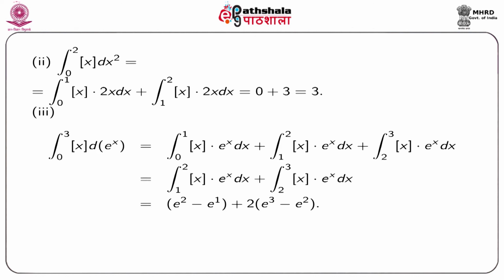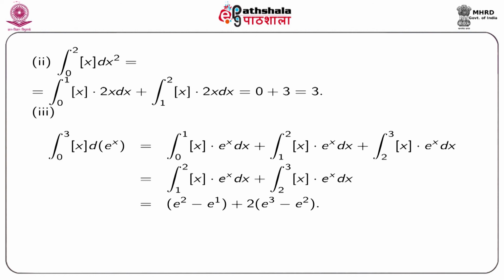Finally, if we consider this Riemann-Stieltjes integral, integral 0 to 3 floor of x d(e to the power x), this is equal to integral 0 to 1 floor of x e to the power x dx plus integral 1 to 2 floor of x e to the power x dx plus integral 2 to 3 floor of x e to the power x dx, and the value becomes e square minus e plus 2 into (e cube minus e square).